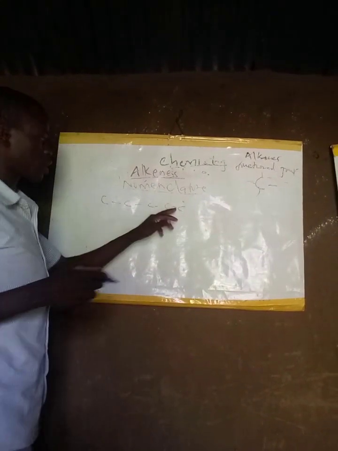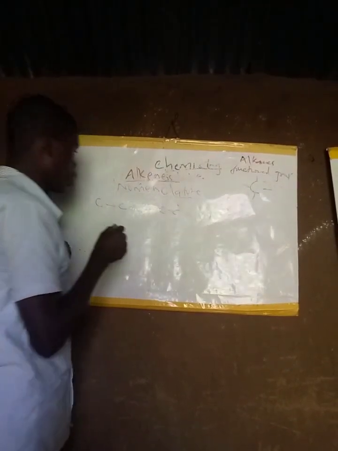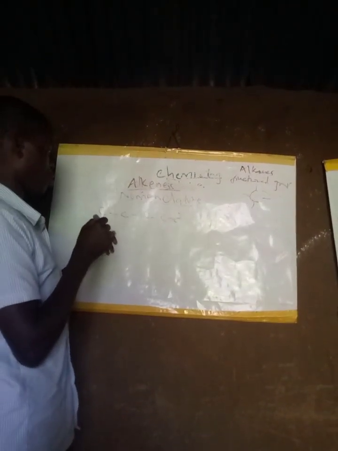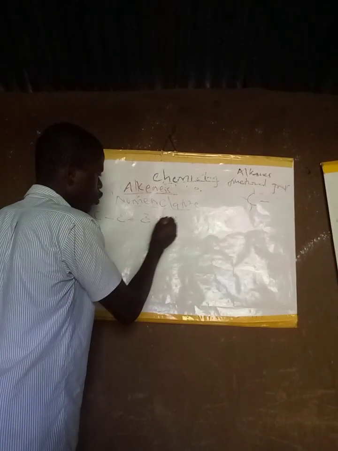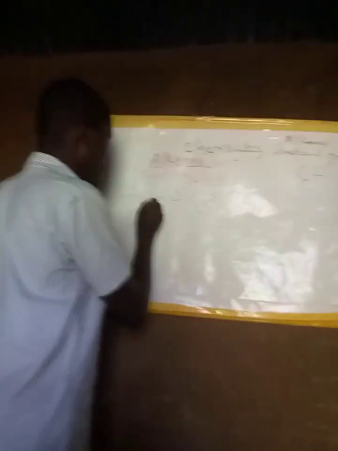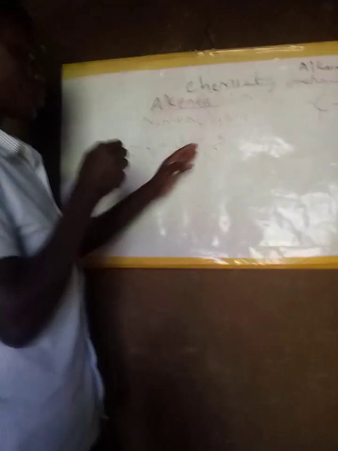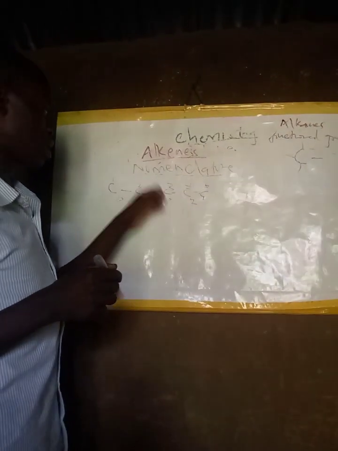Like for example, if this is the compound, we will not start counting from this particular point here. We'll start counting from this point, because when you count from here, you have 1, 2, 3, 4, 5, but when you start from the right hand side, the carbon that has the double bond will be number 3.